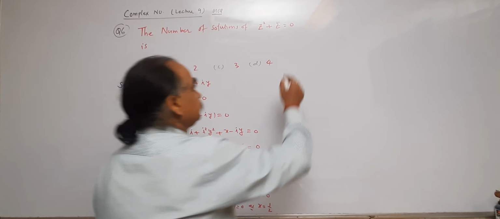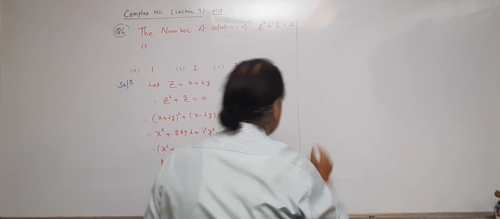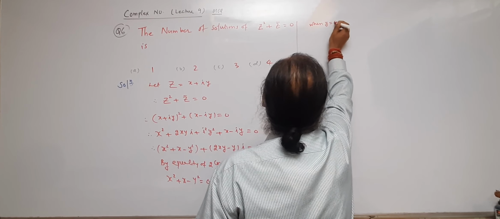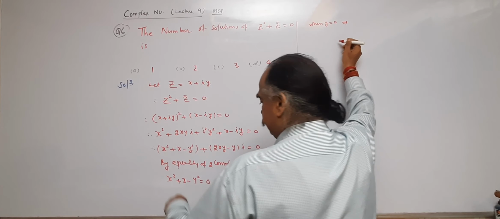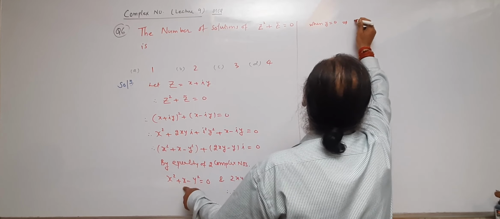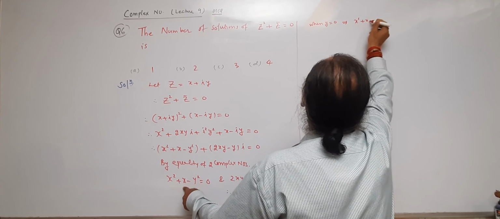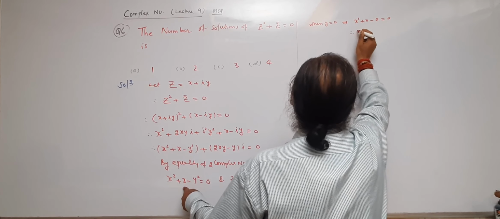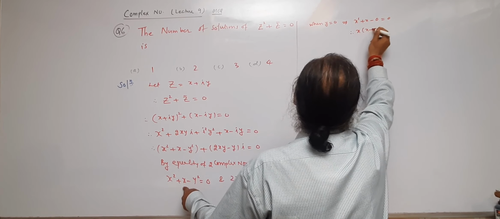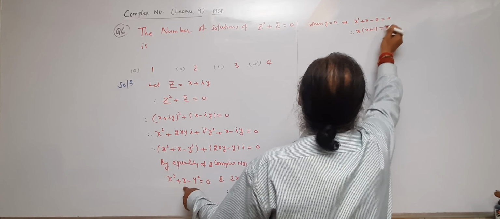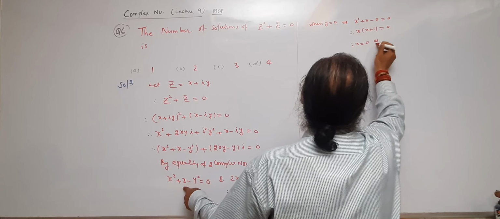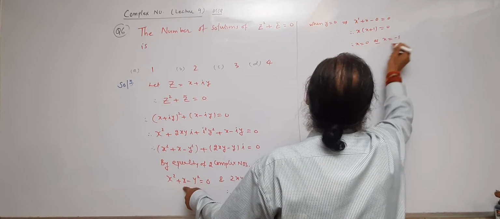Replace here. When y is 0, this will give x square plus x equal to 0. Take x common: x(x plus 1), so x is 0 or x is minus 1.